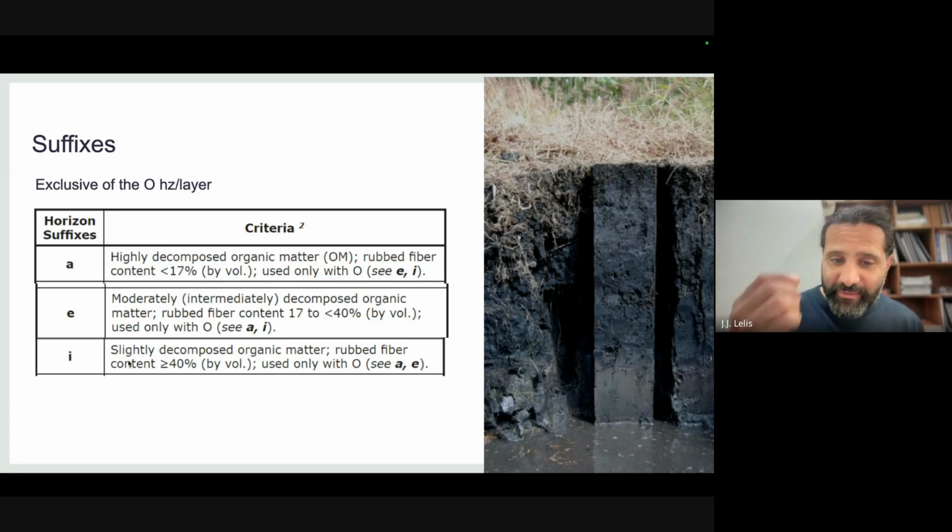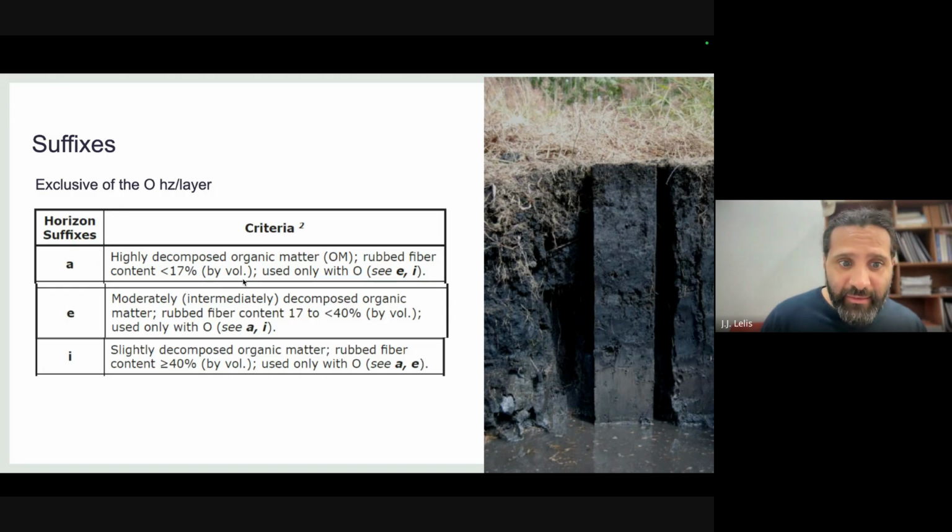I can easily see the leaves, the roots, the timber, everything. It's quite easy to see the nature of the organic matter because it's very low decomposed. So I will use the letter I.